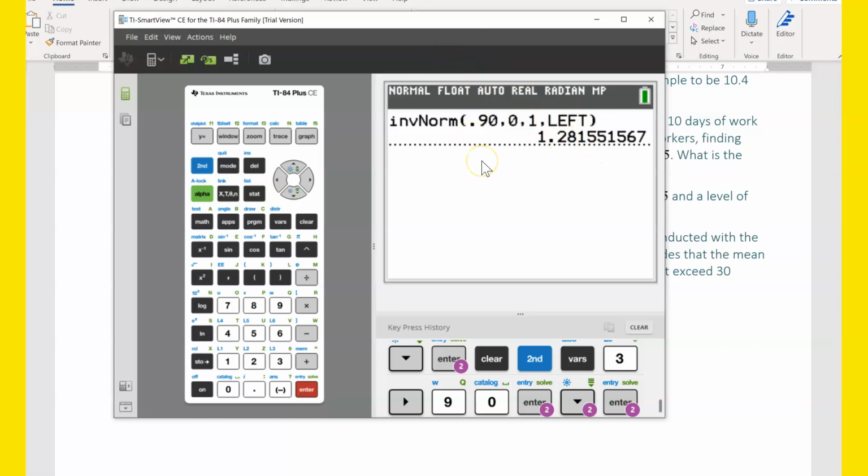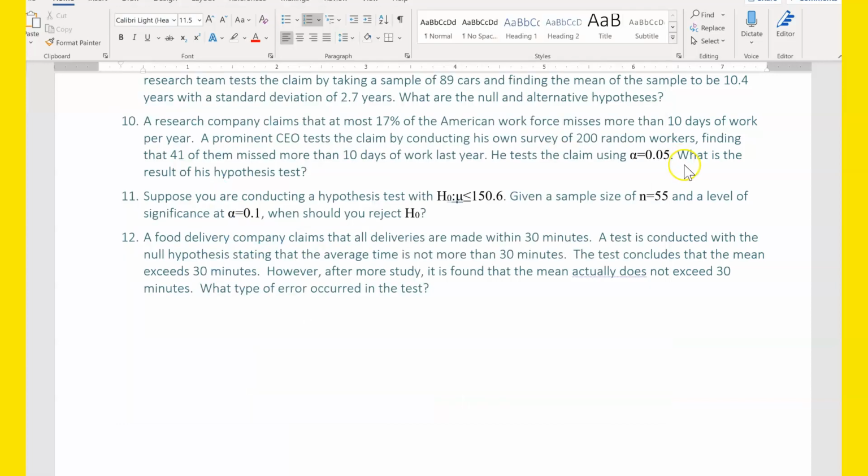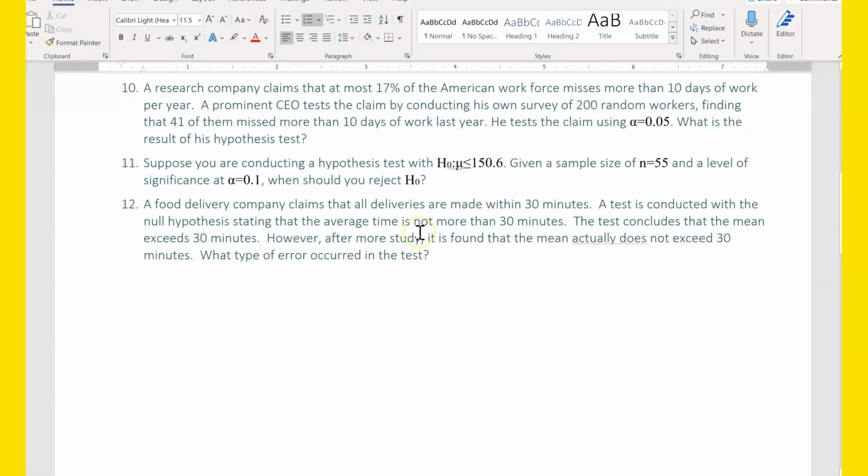Another way, instead of 0.9 and left, you could have done 0.1 and right, and it would have given you the same exact answer. So again, do the inverse normal with that alpha level, and that gives you the z-score for which you should then reject the null hypothesis.